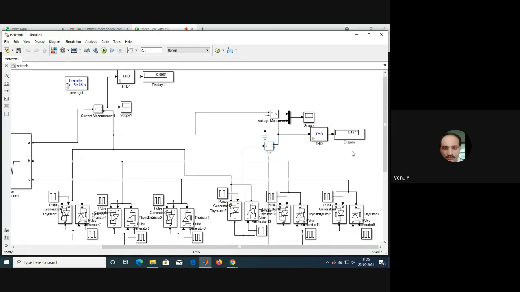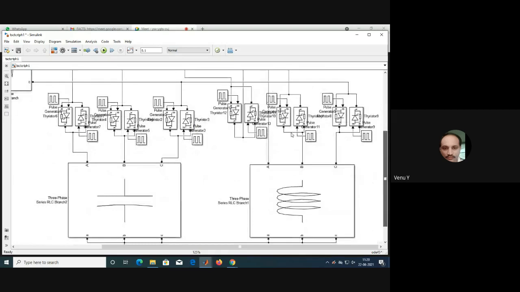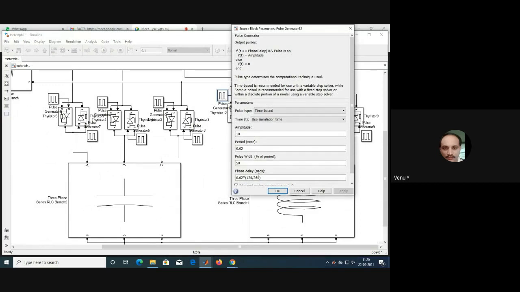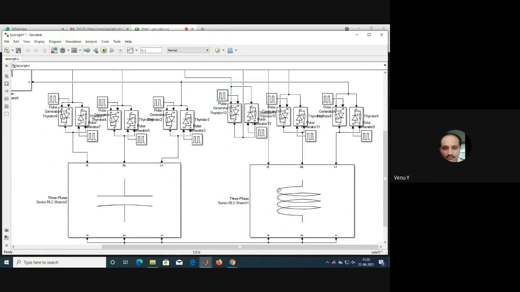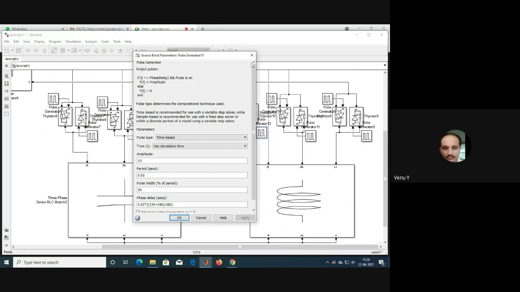And the other two legs are connected with the anti-parallel combination of thyristors. This is delay angle 120, 120 plus 180.